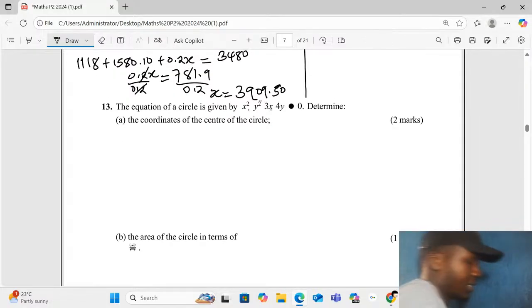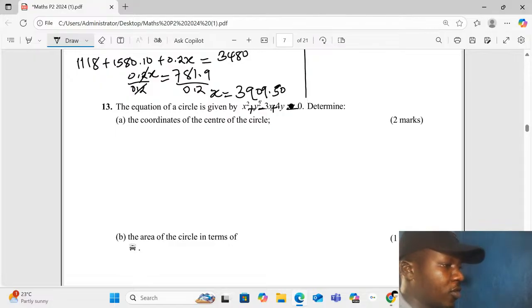Now the equation of a circle is given by x squared plus y squared minus 3x plus 4y is equal to 0.